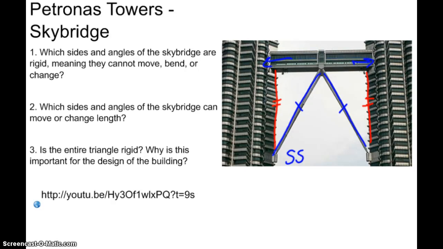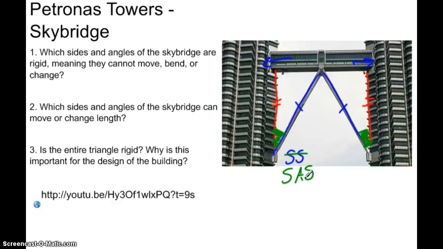But let's say someone came along with a welder and a big piece of metal, and they welded this angle right here. Now that angle is the same on both of those two triangles. Well, now we don't have side-side, we have side-angle-side, like we just saw. And we learned that side-angle-side is rigid, is congruent. What would happen?